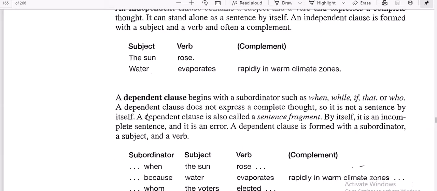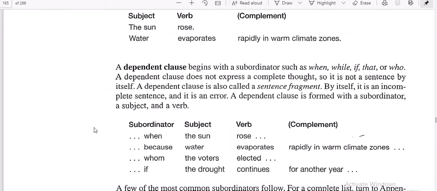Okay, a dependent clause begins with what? As I told you, a subordinator, such as when, while, if, that, who. A dependent clause doesn't express a complete thought, because this subordinator makes the clause incomplete.